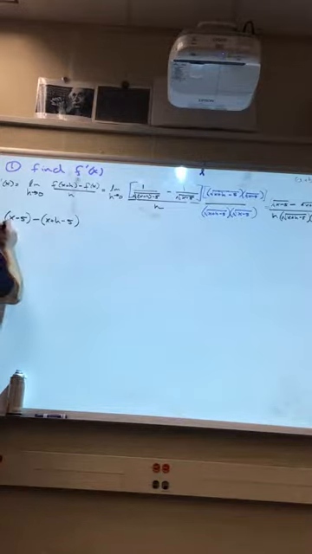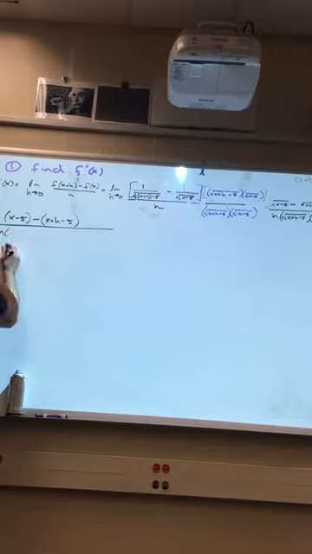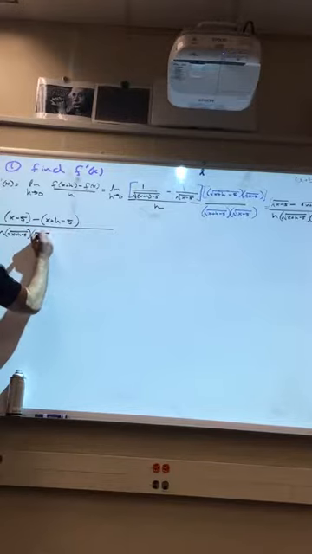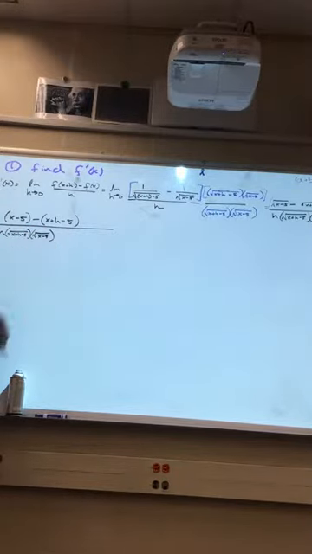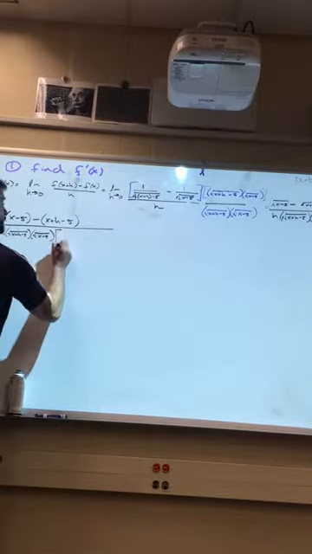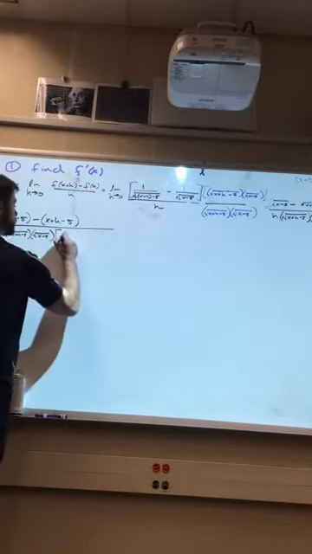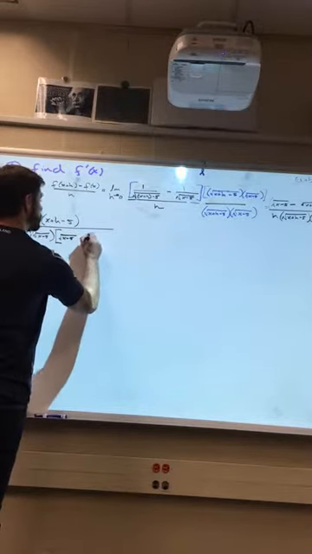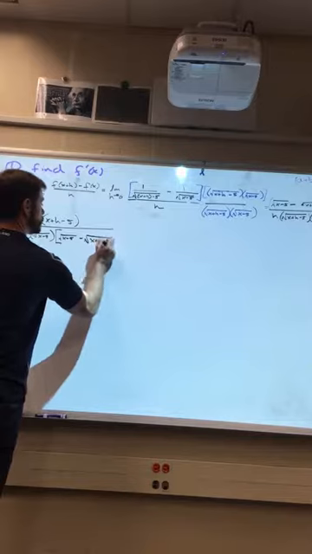All over. Now we've got a bit of a mess on the bottom. So we've got h, we've got x plus h minus 5 times square root x minus 5, and that is all being multiplied by a binomial. So bracket that, square root x minus 5 minus the square root of x plus h minus 5.